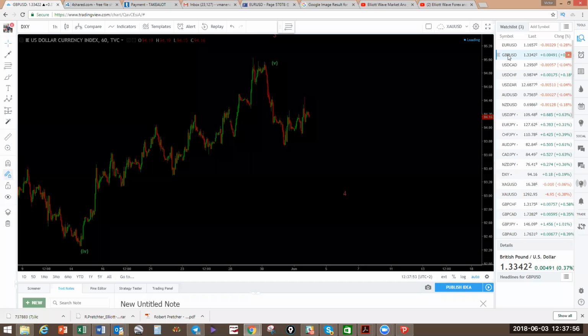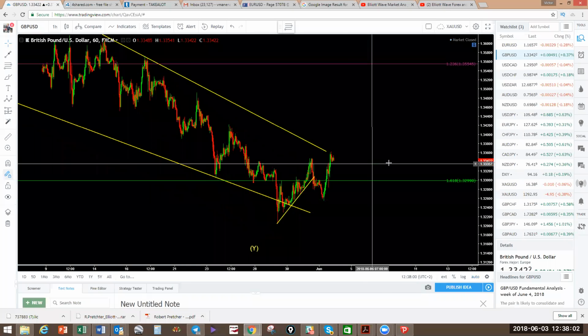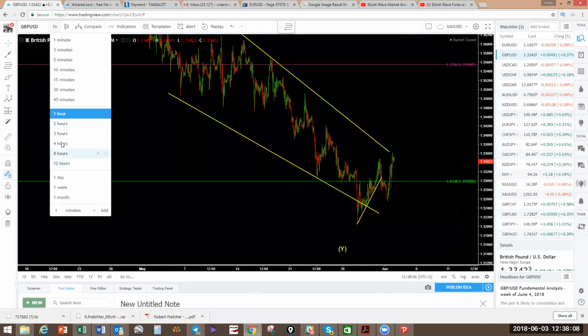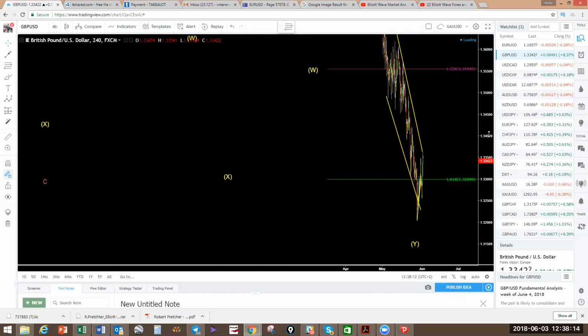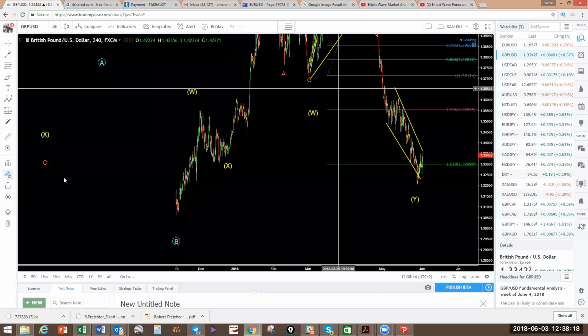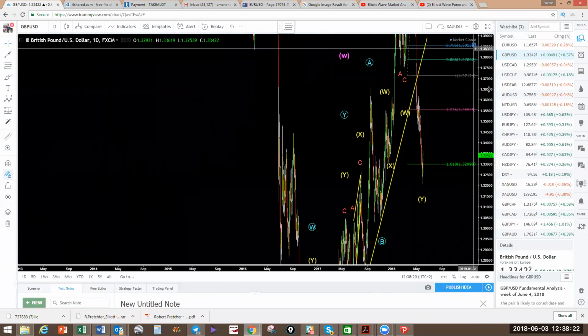and then pound US dollar. So all the US dollar pairs now, the bounces that we've been looking for the last 3 weeks are now starting to happen. Let's go 4 hour on pound US dollar. So pound US dollar, I don't know if you want to look at that whole structure again, just for the benefit of those who have not seen the whole structure.